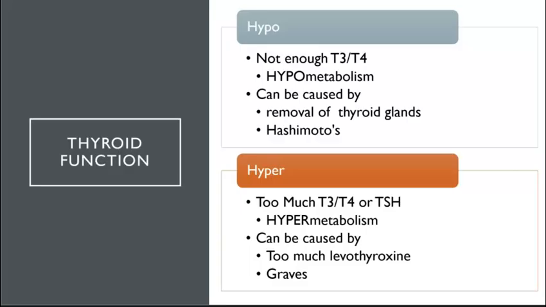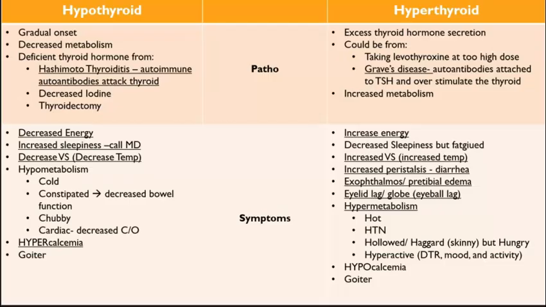If their heart rate is like 150 at 5 a.m., they don't need to be taking that levothyroxine because that's a sign and symptom of hyper energy metabolism, hyperthyroid. So maybe their dose is too high and they need to have it brought down a little bit. So some things to consider.